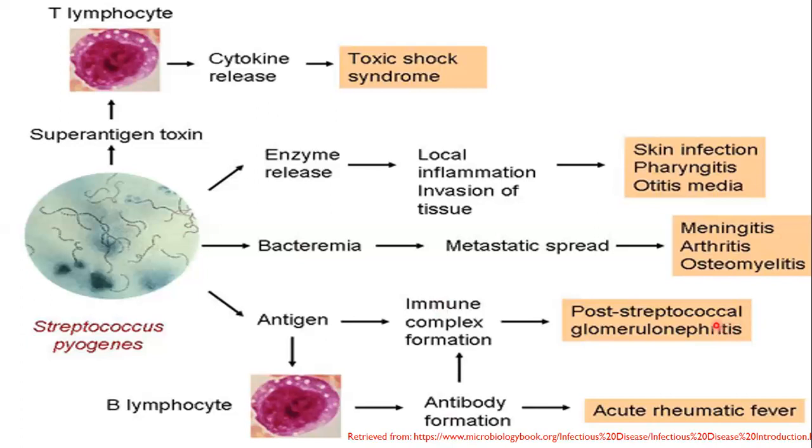So, do not say it's just a simple sore throat, just a simple infection in the skin. If it is indeed infected with Streptococcus pyogenes, it will produce immunologic sequelae, destroying the kidneys and the heart.